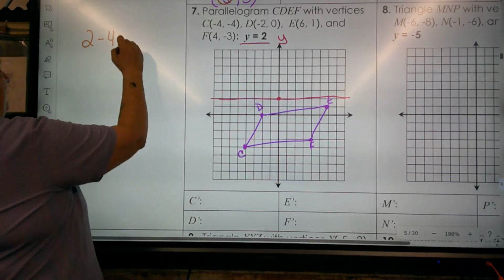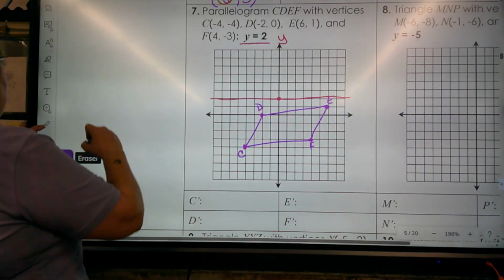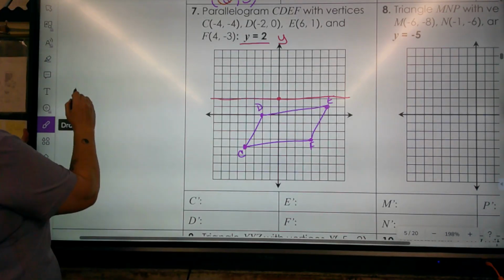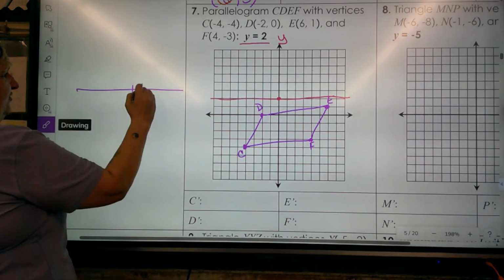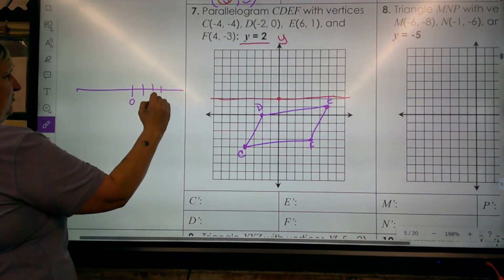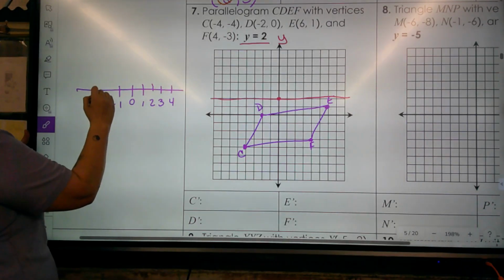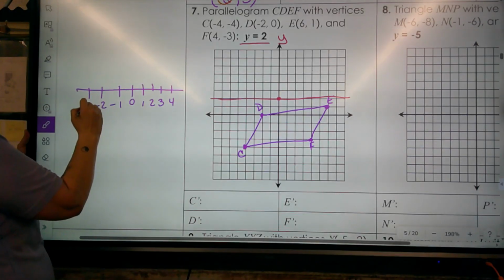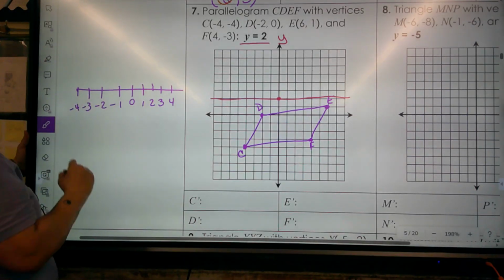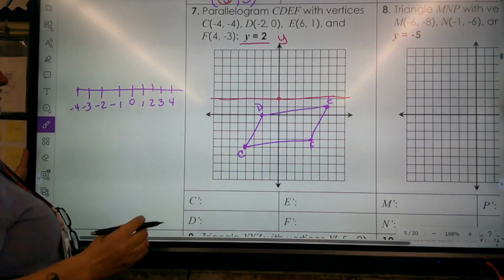I'd rather you use a number line. 0, 1, 2, 3, 4. We're getting the absolute value of something, and I don't know if you know what the absolute value is, so I don't want to do it that way.